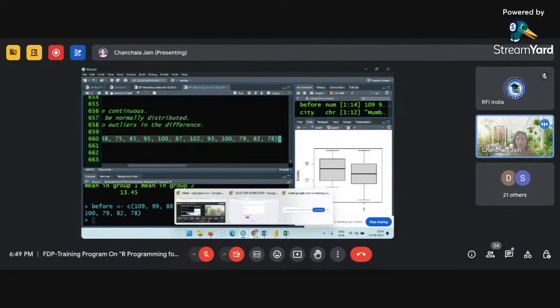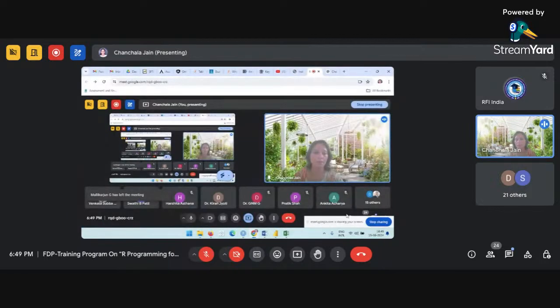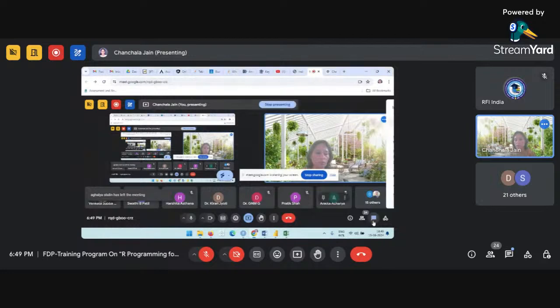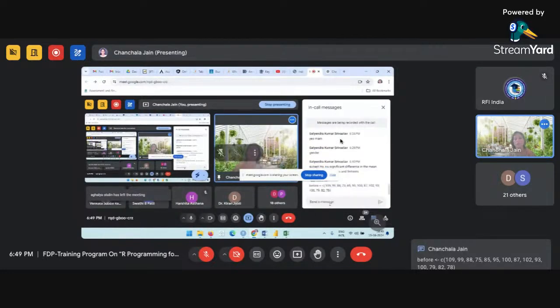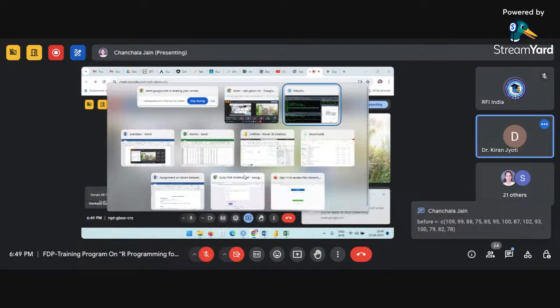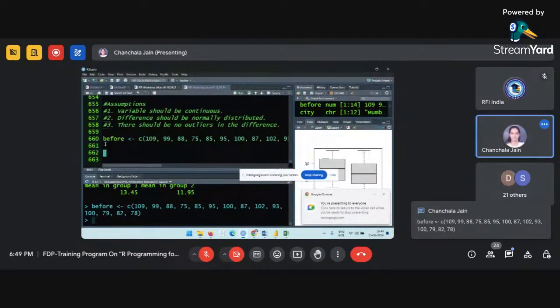So I copied and pasted in chat for you people if you want to take the same values. Now I am making the after.